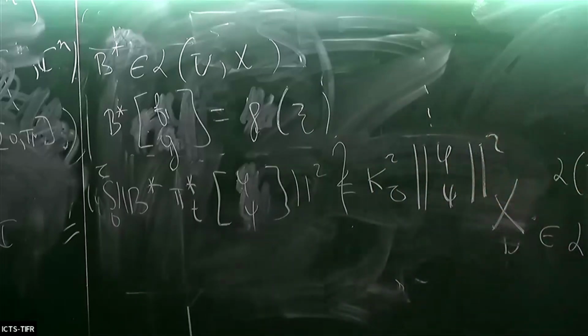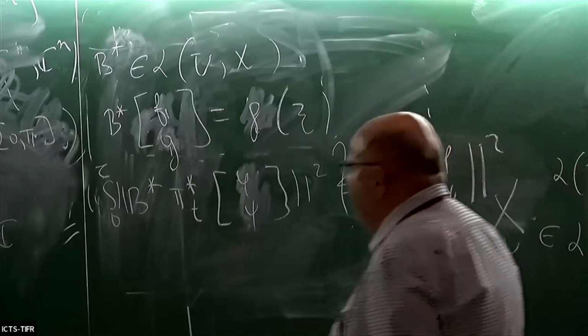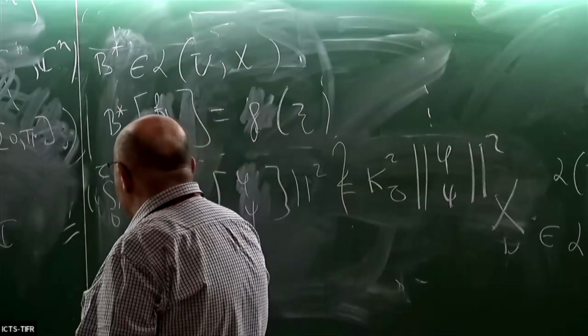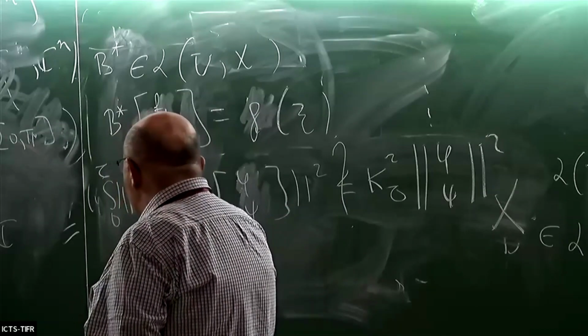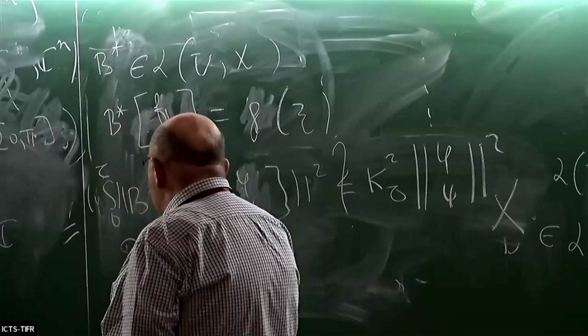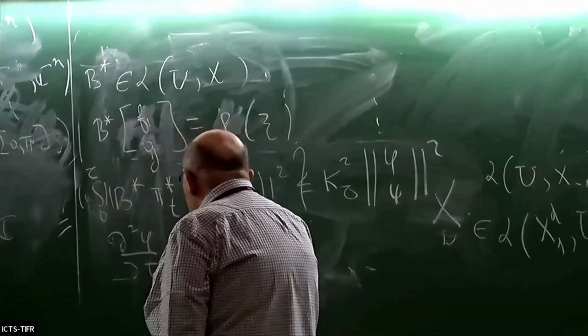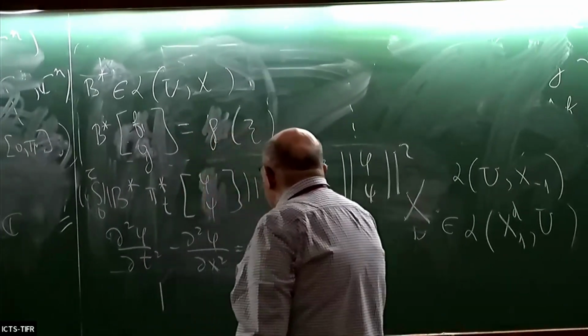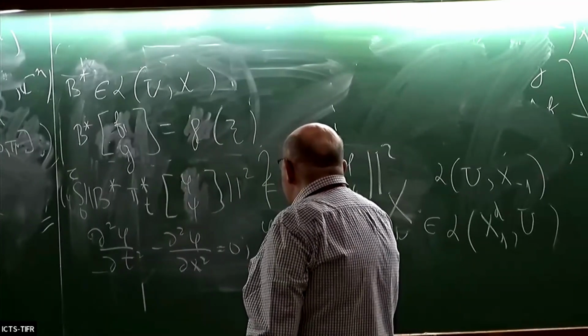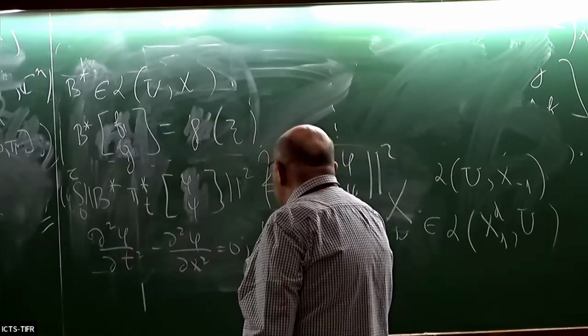And if I do the computation, what is this? When I compute the adjoint, I will solve the problem, which is obvious. I have here a skew adjoint problem. I will have a wave equation, homogeneous, with phi of 0 equal to 0, phi of pi equal to 0.